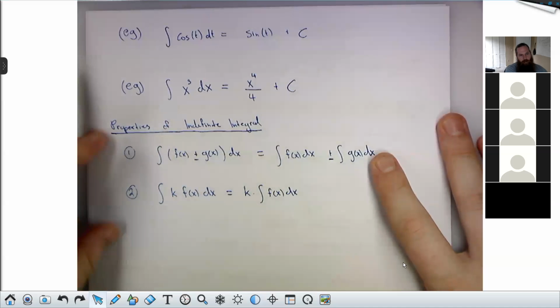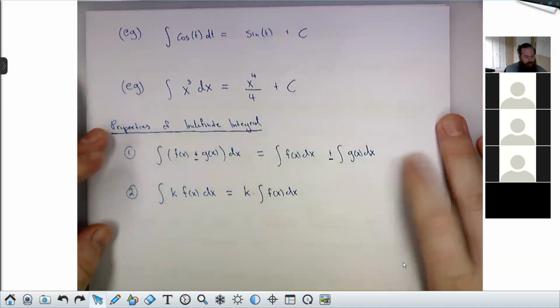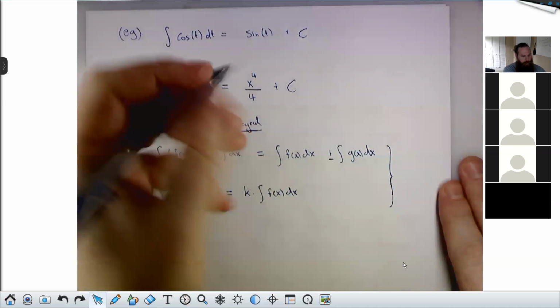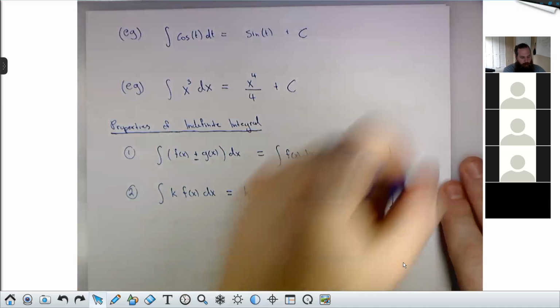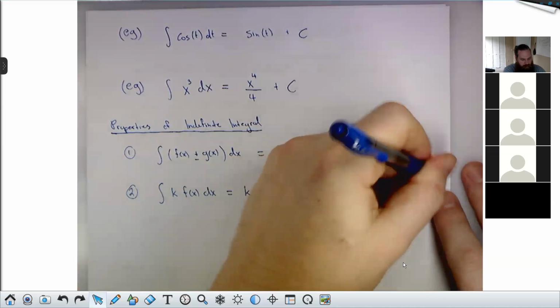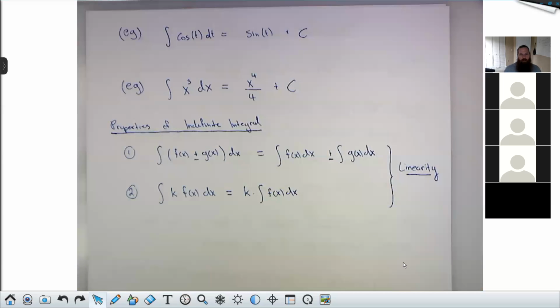These two features you may notice showing up a lot. The derivative had these two features. The definite integral had these two features. The capital sigma summation notation had these two features. These two features show up in a lot of places when you're dealing with operators, and they are called linearity conditions. These two things together say that the integral is a linear operator.